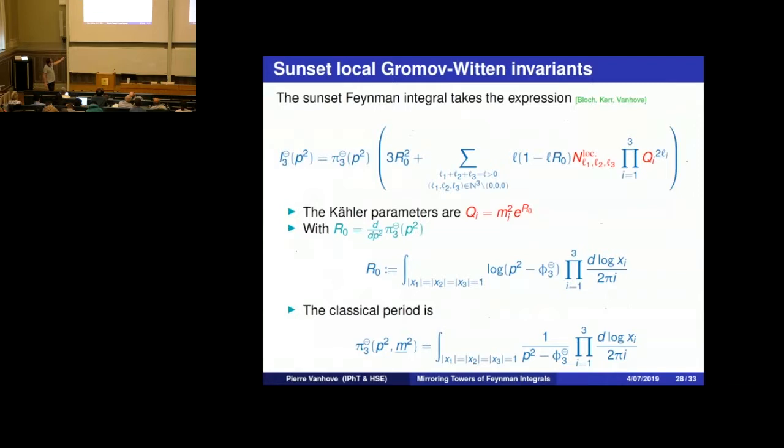And this formula, I like it because you make explicit all the mass parameters. In that language, what's happening is that you have this sum where all the parameters in this series expansion are actually the mass parameters dressed by this big Q, which is the exponential of R0, and they are actually the Kähler parameters.